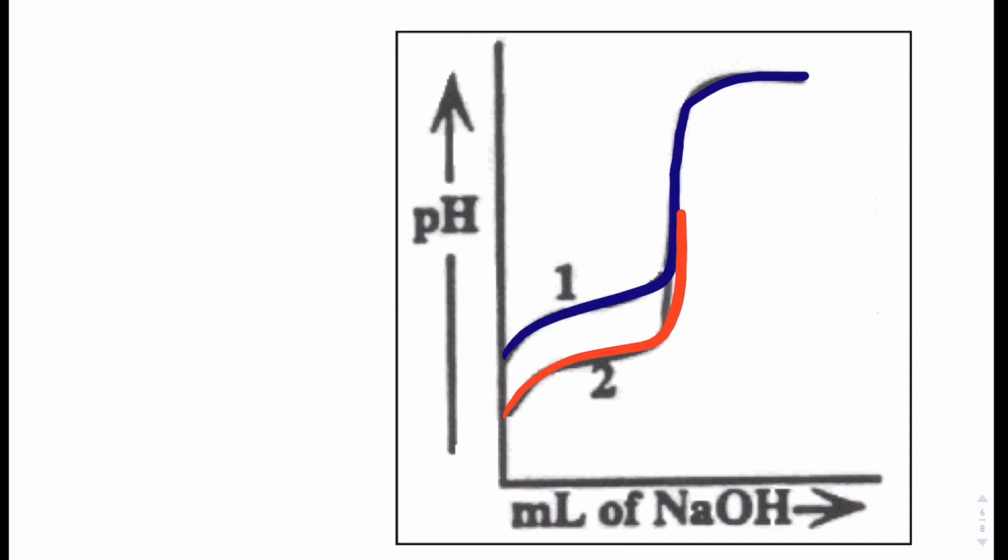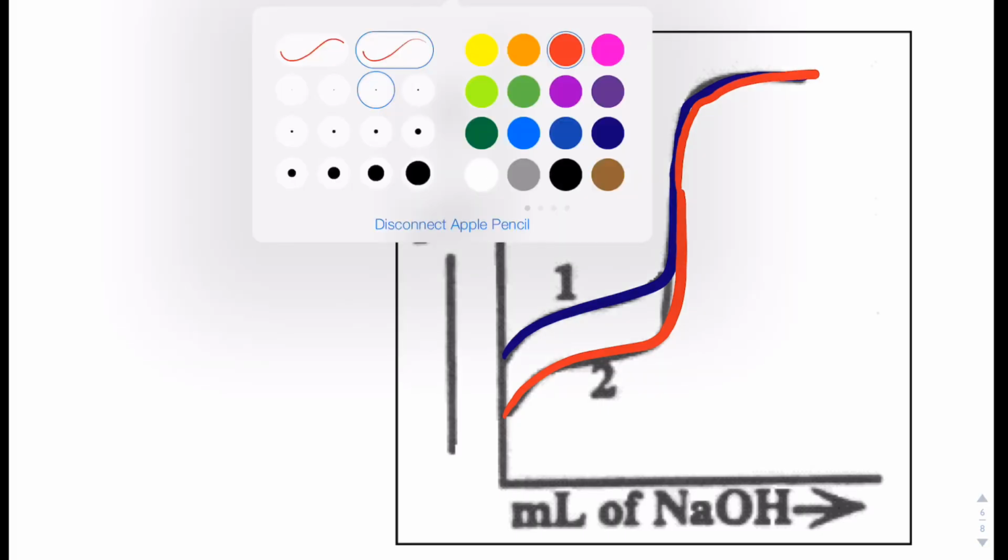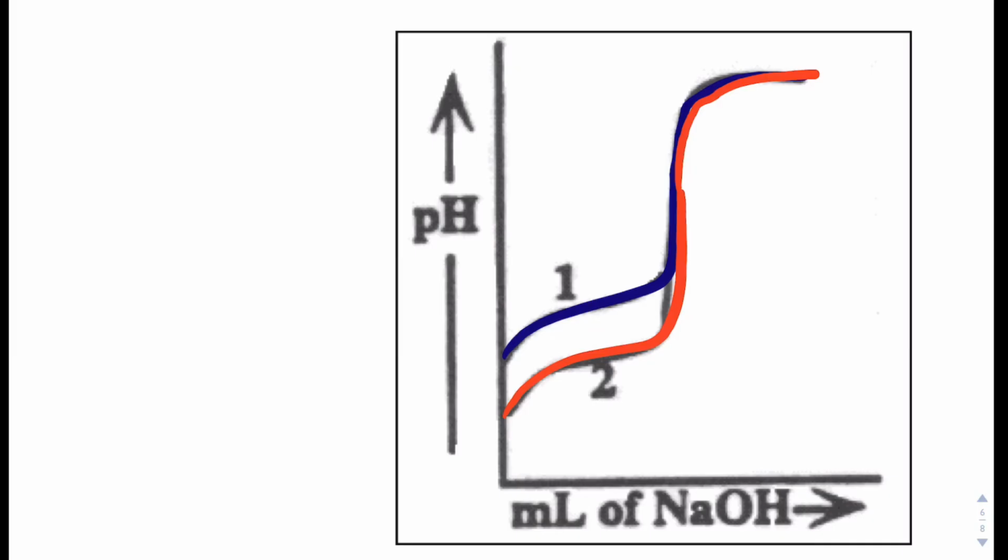They're basically overlapped, but I'm trying to still show some blue. The equivalence point for red would be the midpoint of where it's vertical, so about there. The equivalence point of blue would be the midpoint of where it's vertical, but it's only vertical for this section, so that would be about there.